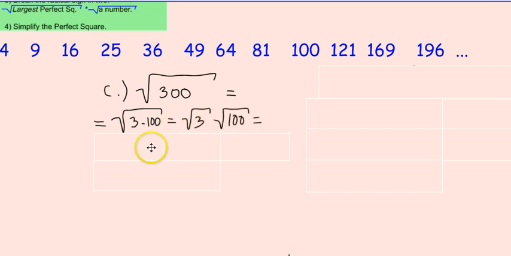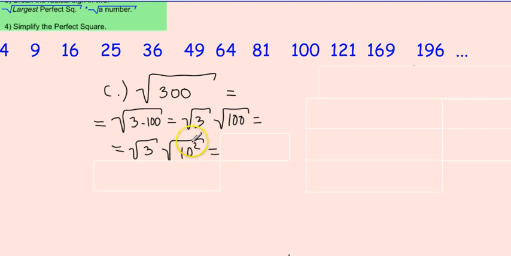So you'll break it into 2 radicals, one of which is a radical square root of 100. You cannot simplify square root of 3, so you will leave it, and 100 under the square root will be rewritten through 10 to the second power.